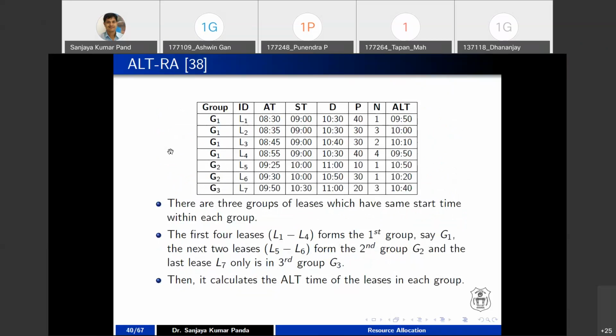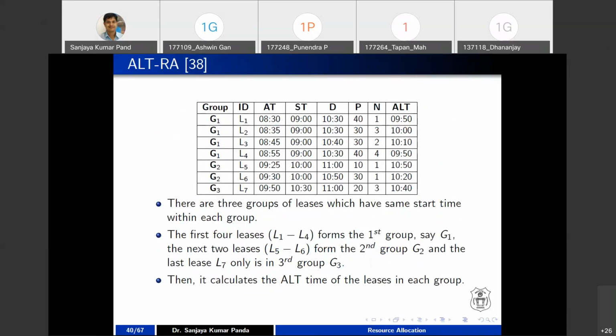So you can see here the first four leases I have represented as G1, the next two as G2, and the last one, L7, alone forms a group, that is group G3.